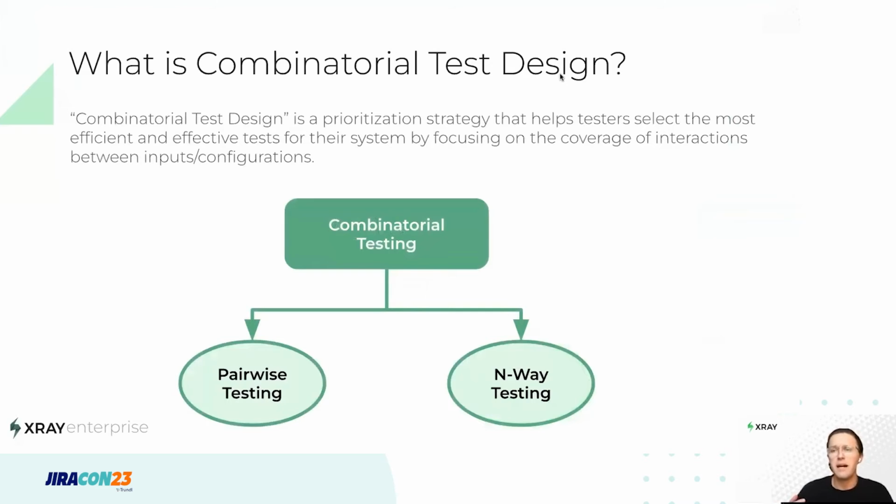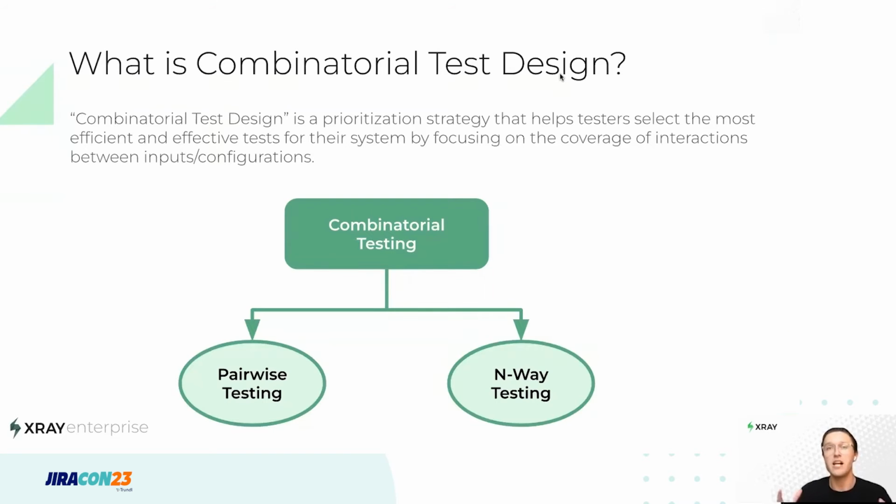So thinking about Test Case Designer, its algorithm takes a combinatorial approach and furthermore a pairwise approach to generating these tests for us based on the parameters model that we defined. So let's talk about what we mean by combinatorial test design.